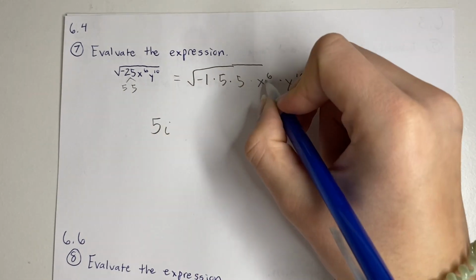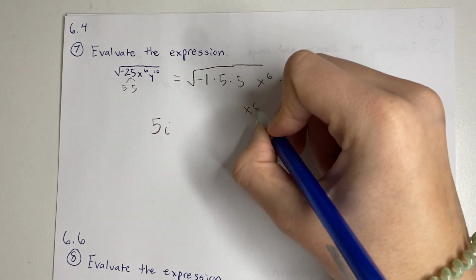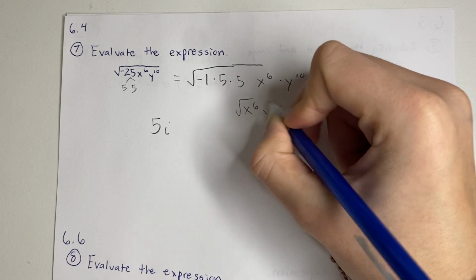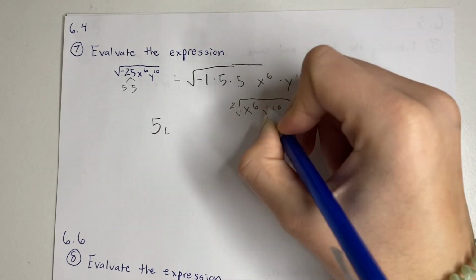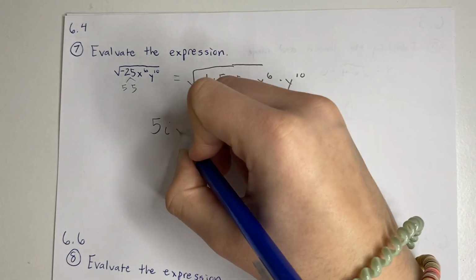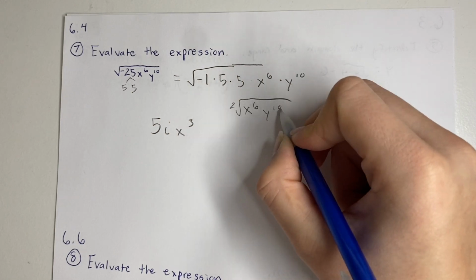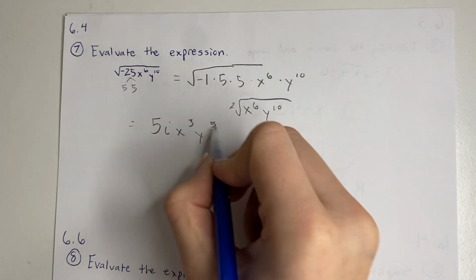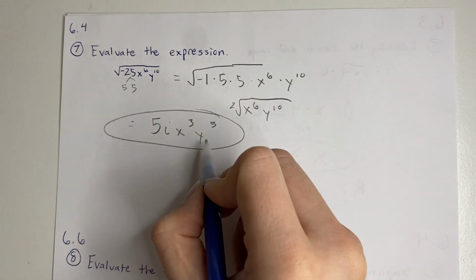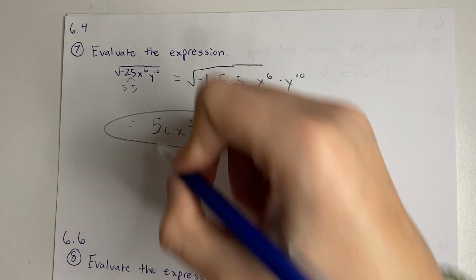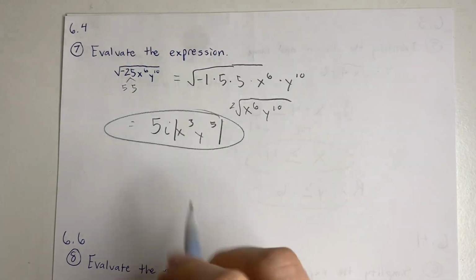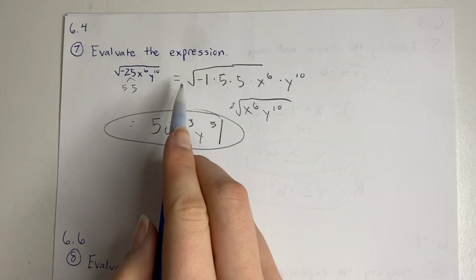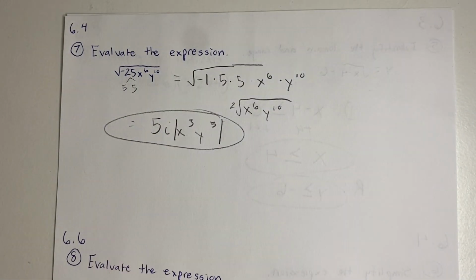And then x to the 6th, the square root of those is, because this is a 2 here, so that's basically x to the 3rd, and then 10 over 2 would be y to the 5th, giving you 5i x to the 3rd, y to the 5th. And then you can put this in those little brackets since it's an even number and an odd exponent.